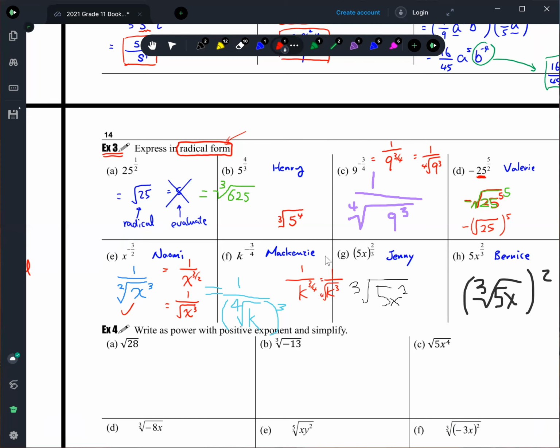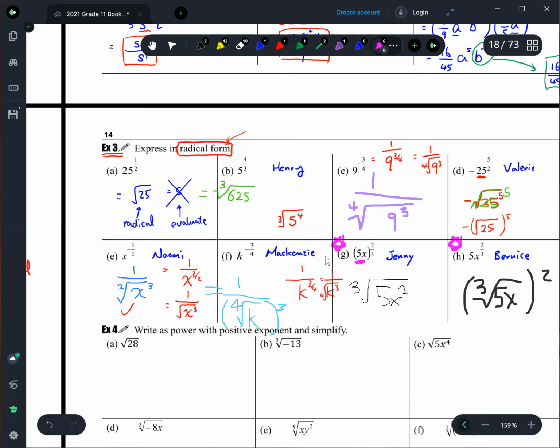Okay, question G and H. It's best that you put a star there. These two are very similar, because you have a bracket for G, so the phi x needs to be included together. So for G, Jenny, you can take a look.